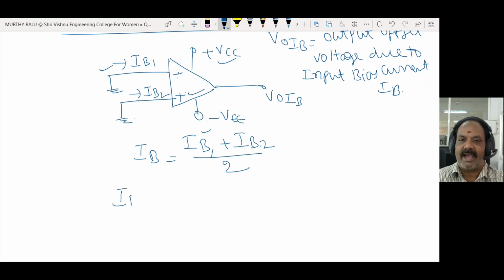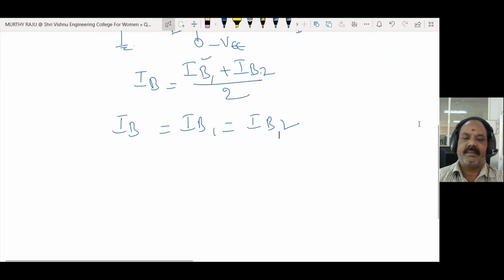That means IB is the input bias current. We use the specified input bias current as being equal to either one of the two input currents.